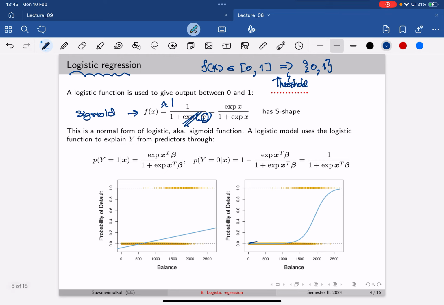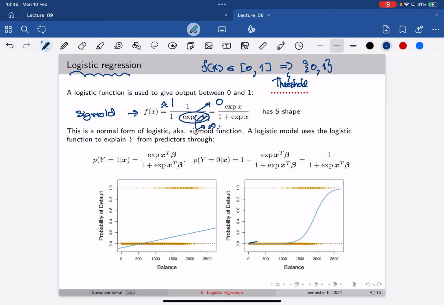But if you have the exponential of a number that is very large, let's say close to infinity, then that will become 0. So that is how we map it between 0 and 1.